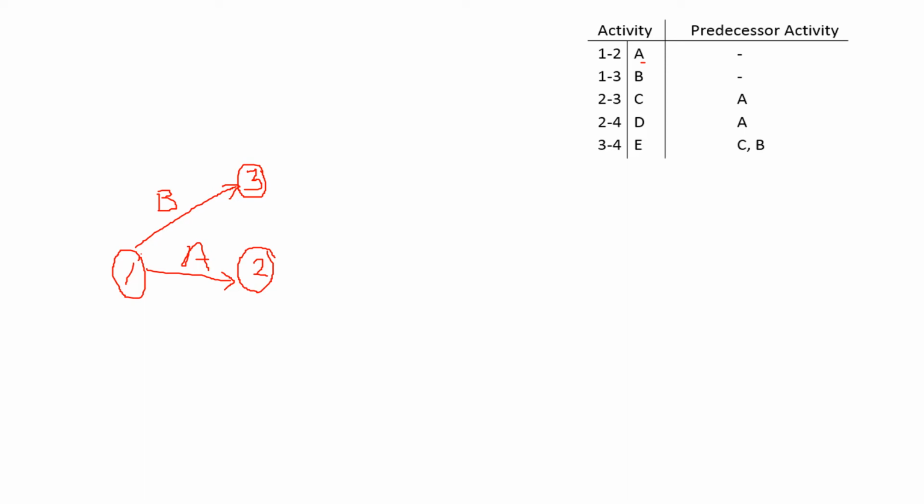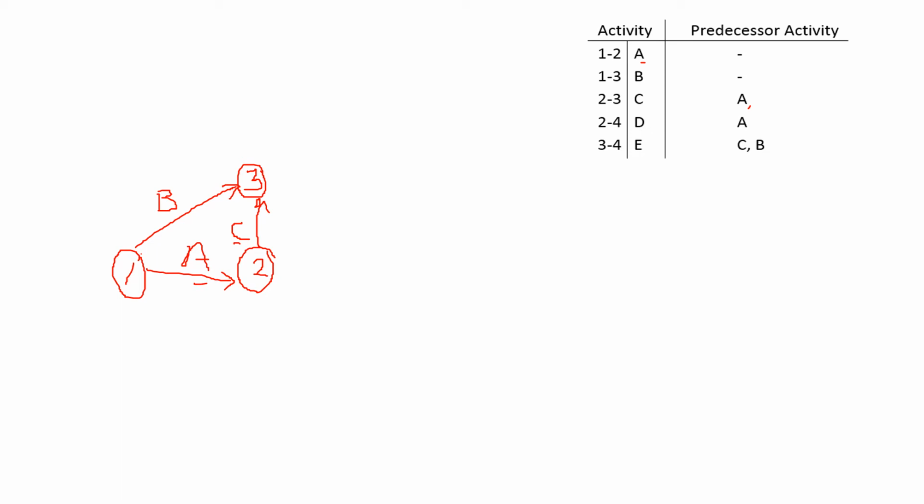Then 2 to 3, right? 2 is this one, and to 3. The activity is C, and one more thing, the predecessor is A. That is, before C, A is there.